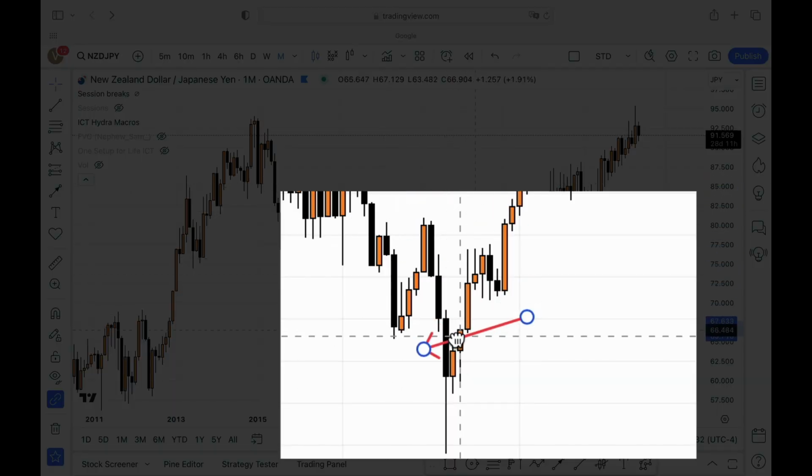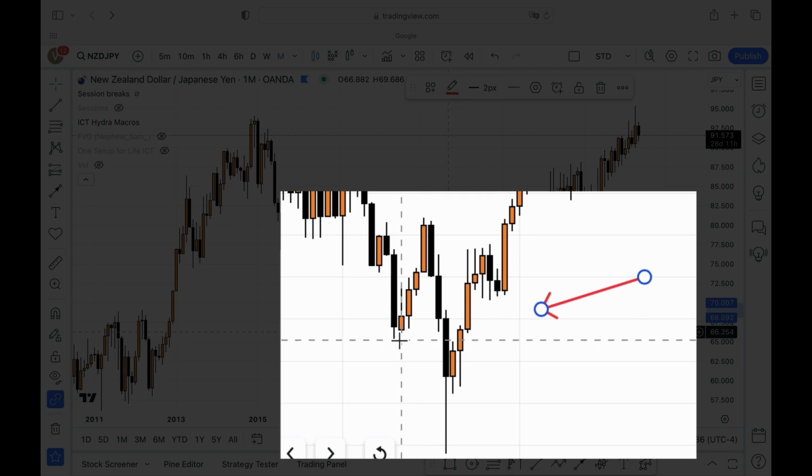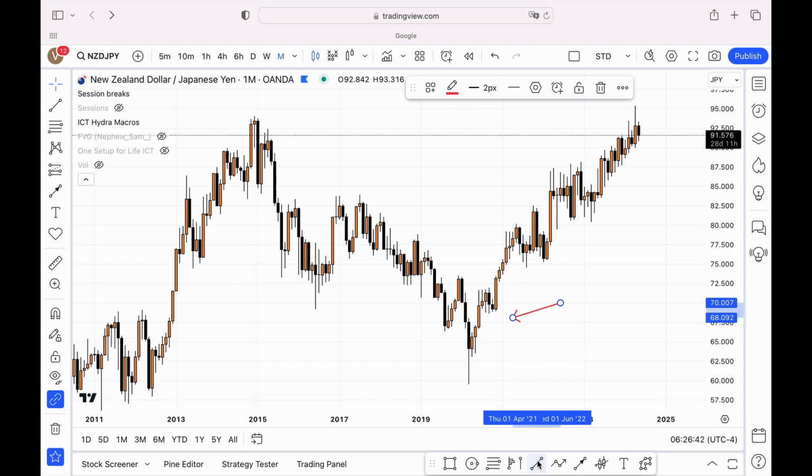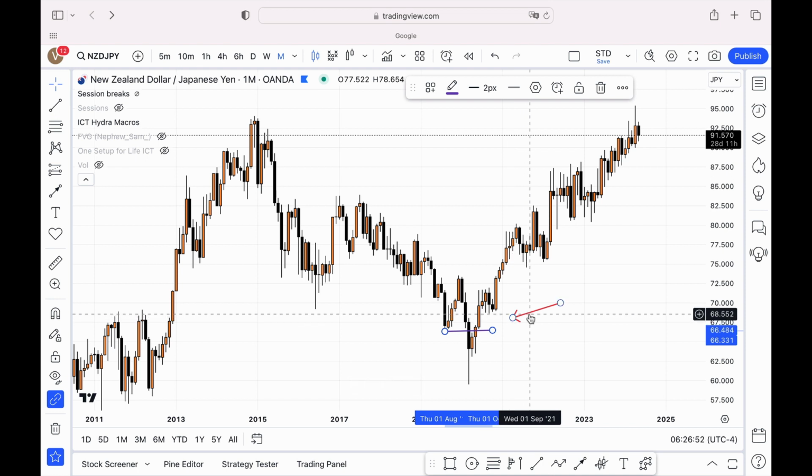Let's look at this level right here. This one should be obvious. Right here, we had a low. That low was taken, so a stop hunt.